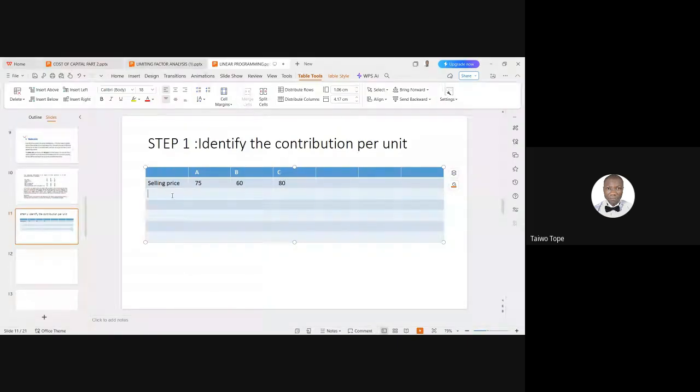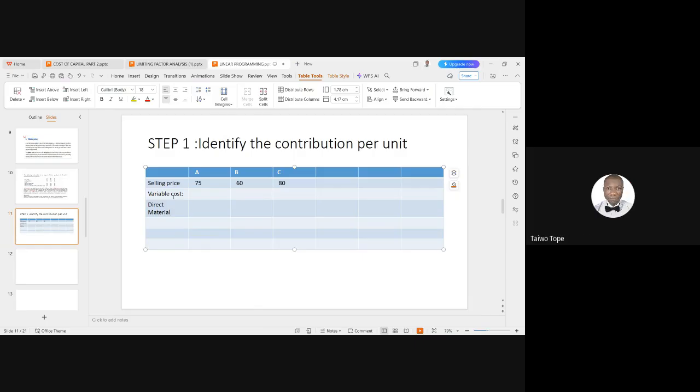Contribution is selling price less variable cost. What are the variable costs? We have direct materials. The value here is 24, we have to less. The value here is 27, we have to less.